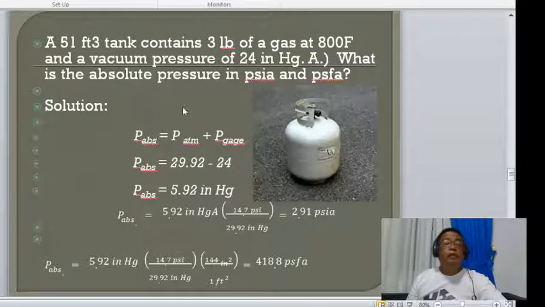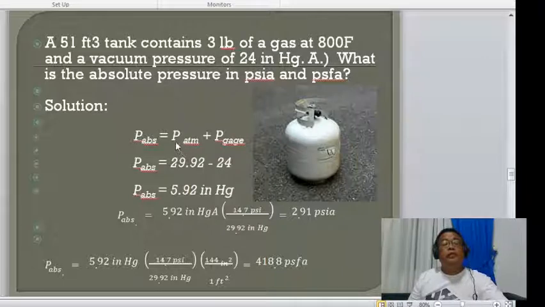Let us now change this to psi absolute. Again, from the pressure conversions, 5.92 inches of mercury absolute multiplied by 14.7 psi absolute per atmospheric pressure of 29.92 inches of mercury. The equivalent now is 2.91 psi absolute.